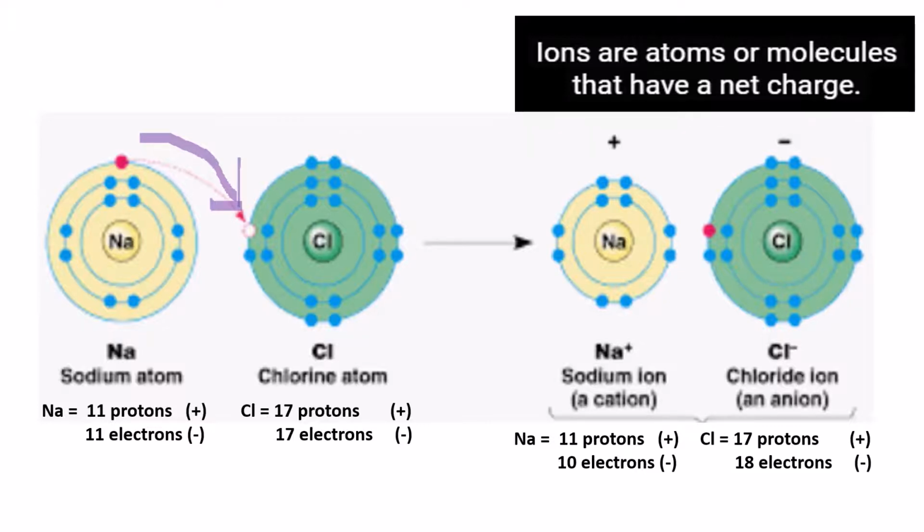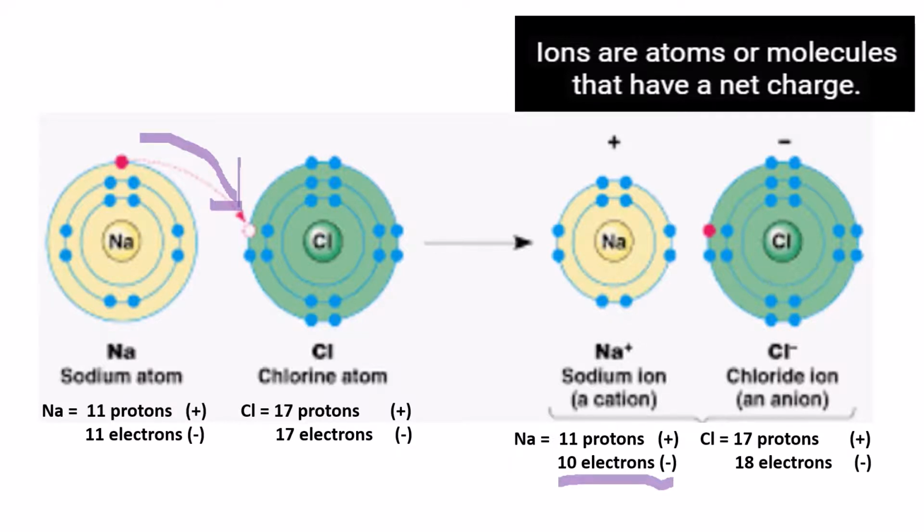For sodium, it has still 11 protons, but it lacks one electron. So it has now 10 electrons. For chlorine, the number of electrons was increased to 18.